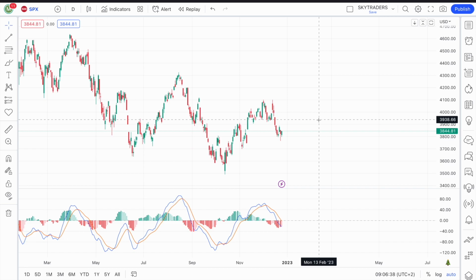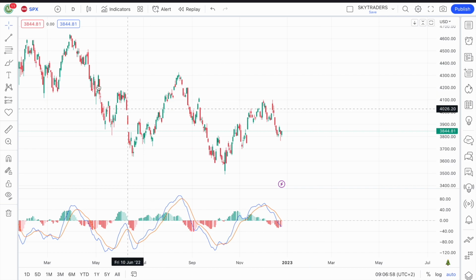I focus on the price action, I focus on the behavior. But for those who like to use indicators, you can use them in your favor to understand how other traders are seeing the market. And also you can have some signs of confirmation on your bias or against your bias, right?